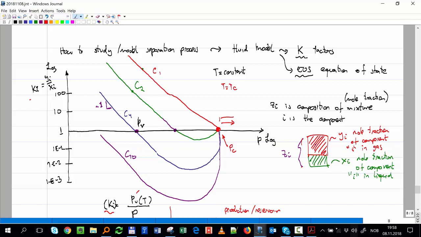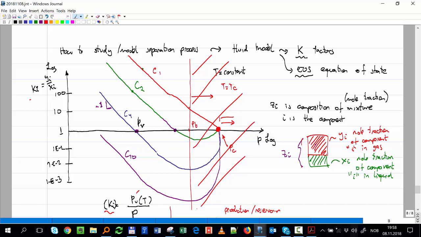When I'm at a temperature that is not the critical temperature, basically the plot stops existing from some place, after I reach the bubble point PB. So all of the curves will converge to the same pressure only when that temperature is the critical temperature.